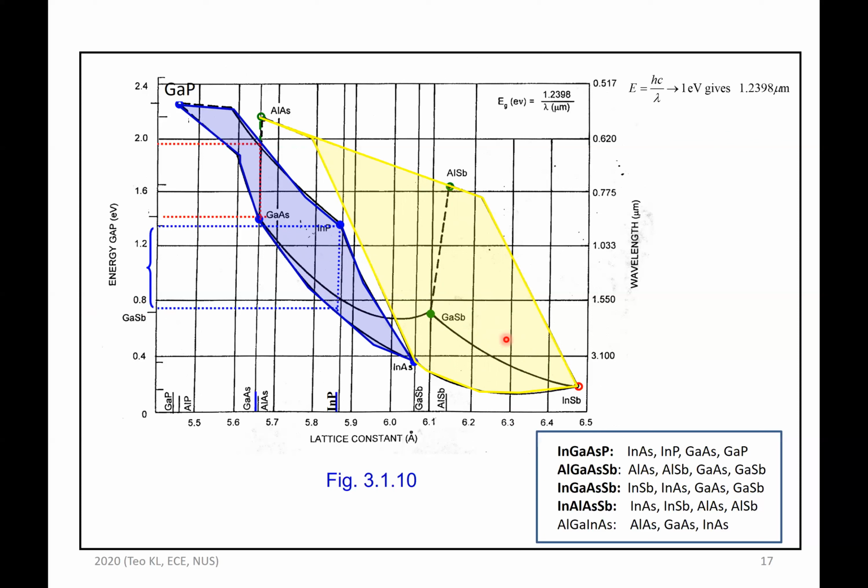Remember, you want to grow an alloy film lattice matched to the substrate. So that gives you the limitation. The possibility is I can grow down here with an aluminum antimonide of a band gap of 0.8 eV.